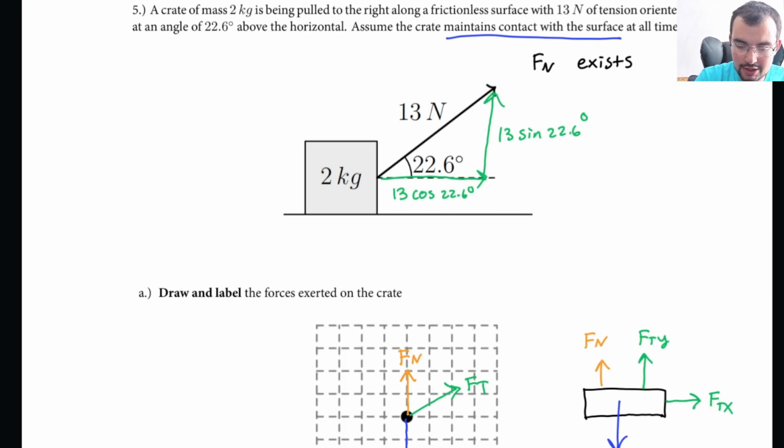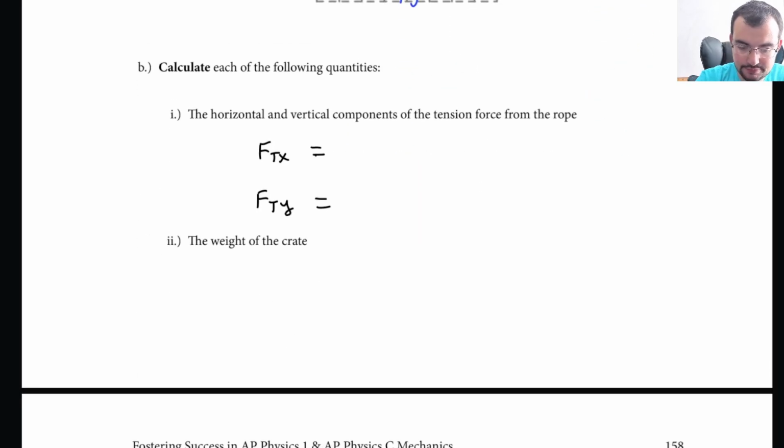Because again, adjacent, this angle touches the horizontal side, so that would be a cosine. The angle does not touch the far side, so that would be a sine situation. So 13 cosine 22.6 degrees, 13 sine 22.6 degrees.